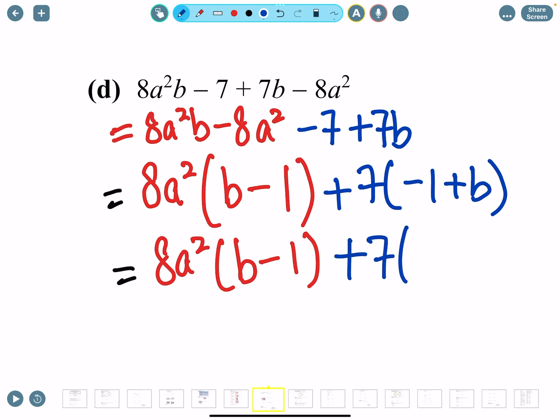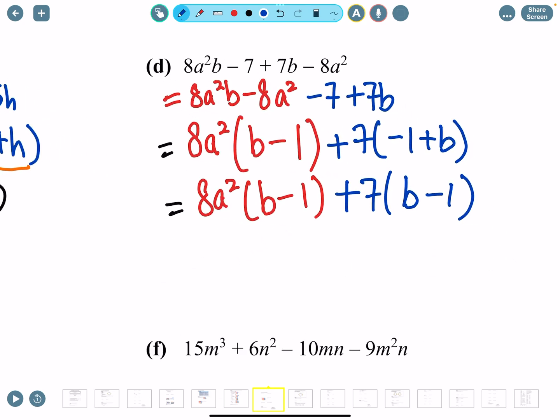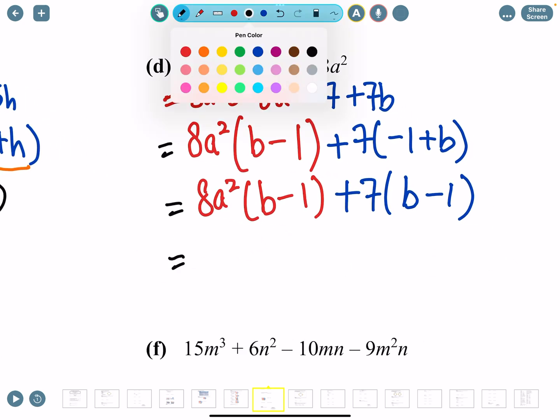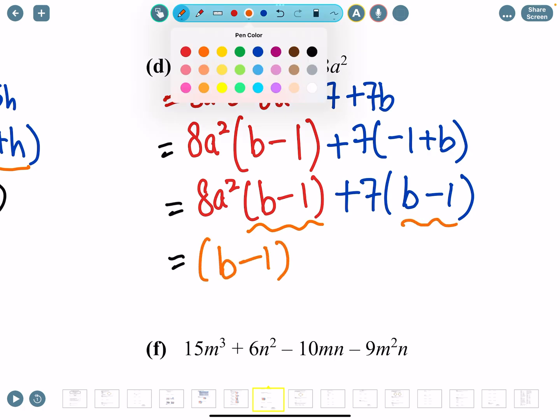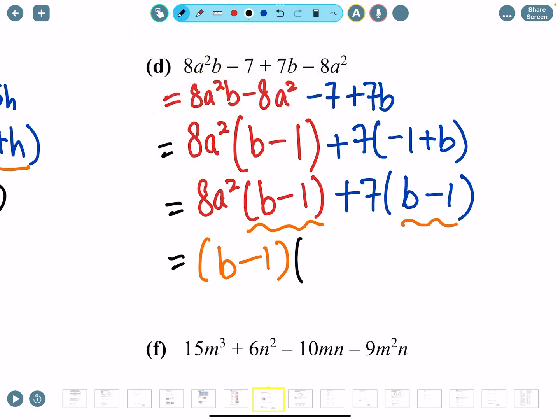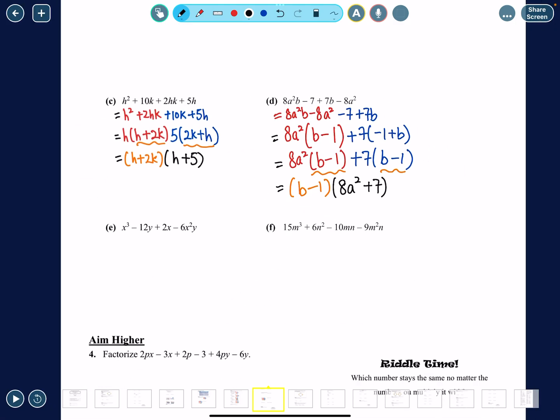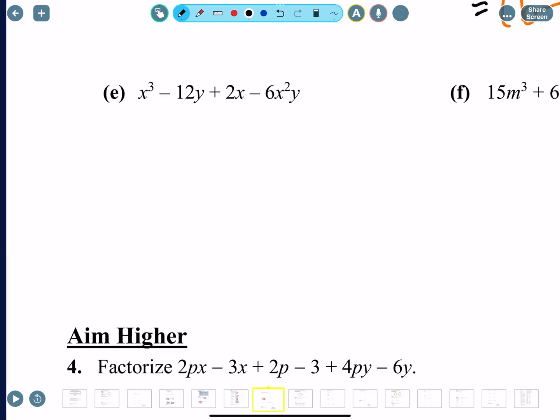So I'm going to swap places, positive b first and then minus 1 afterwards. So now I'm going to factorize this bracket, b minus 1. We have b minus 1. And then whatever's left will be on the right bracket, 8a squared plus 7. And that's how you get the 2 brackets.